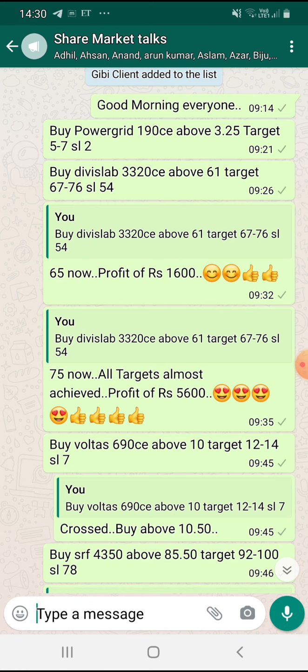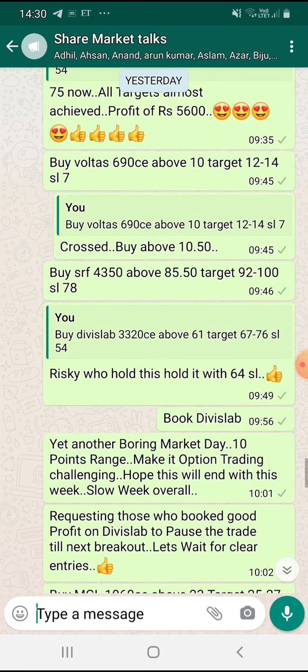What does that mean? Our calculation is that Power Grid will go up. That's why we give call option, which is also known as CE. Here in Divis Lab, 3320 CE, which means our calculation is that Divis Lab will go up.